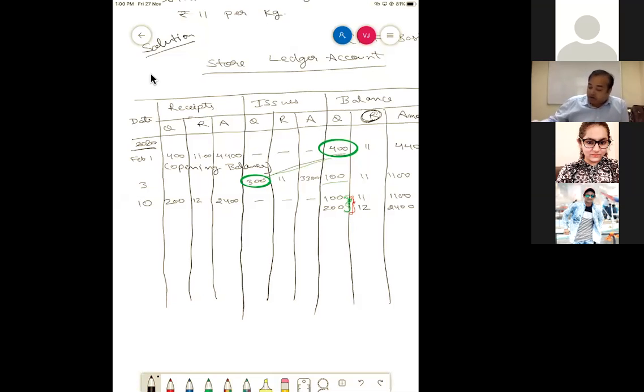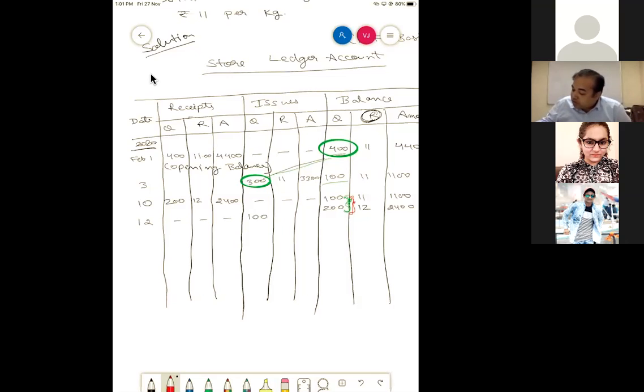Now next date is your 12th February. What you are doing? Just check it in the question. You are making an issue. So in receipts you put a dash, and in issue, what is the quantity? It's 100. So this 100 you would be issuing on a last in, first out basis.